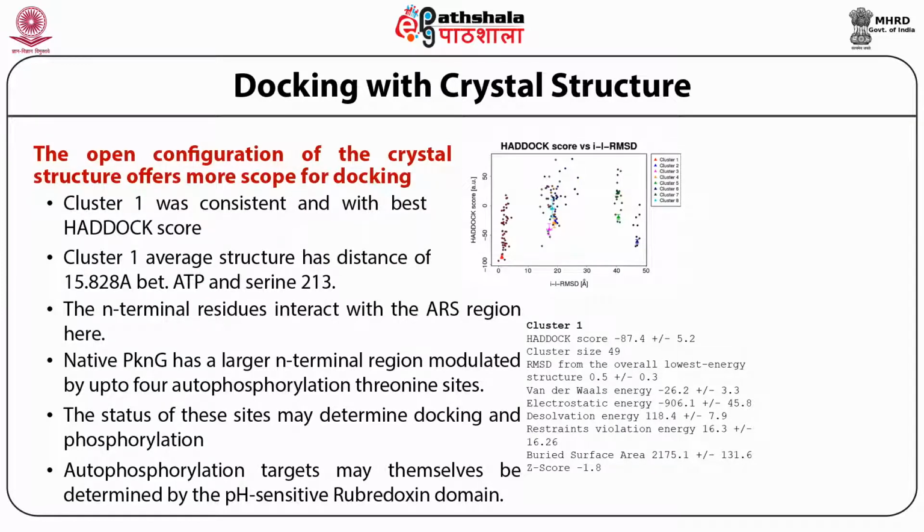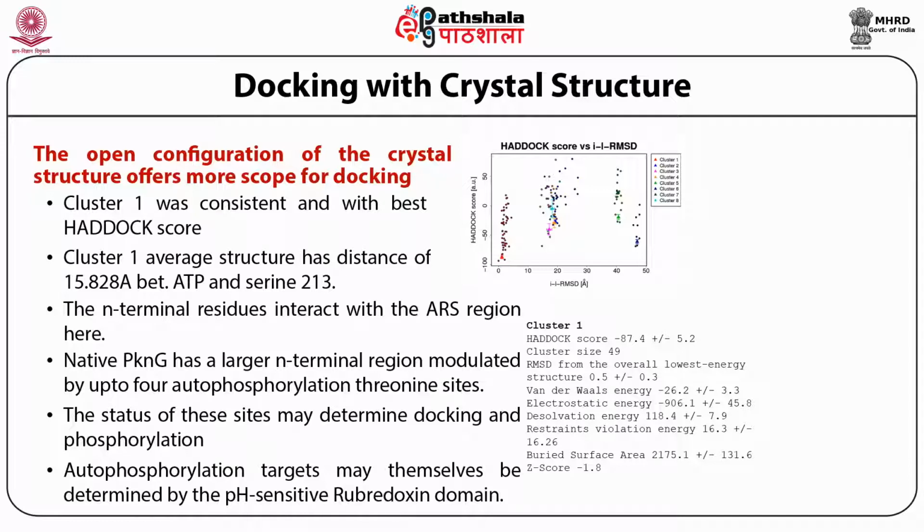We have now zoomed in and are able to identify the sites where this interaction happens. Serine 213 is our anchor, and that is what we have achieved. There are several other mechanisms done earlier. I am not discussing much of it, except to show how successfully one can use simulation and docking together.